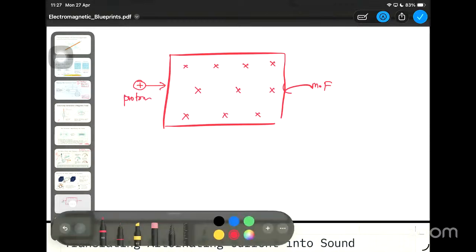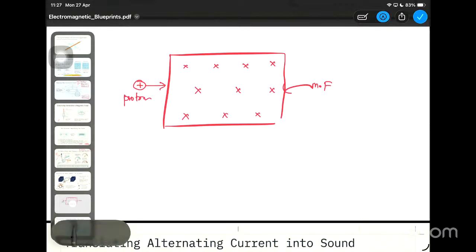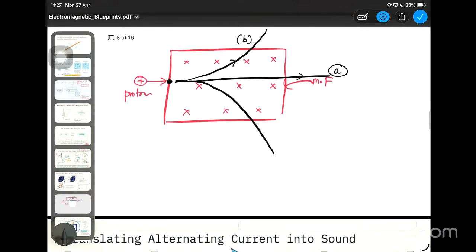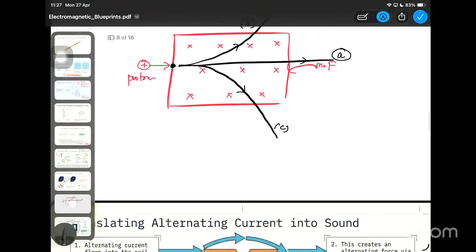They are asking about the direction of the proton once it enters the magnetic field. Let's say there are some answers. Once the proton enters here, the first answer will be moving like this, the second answer will be moving like this, and the third answer will be moving like this, right?